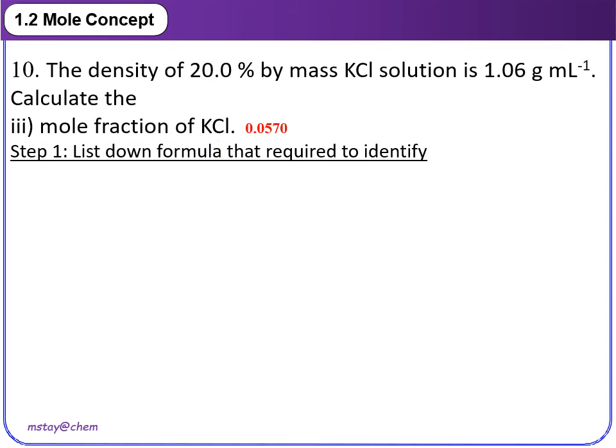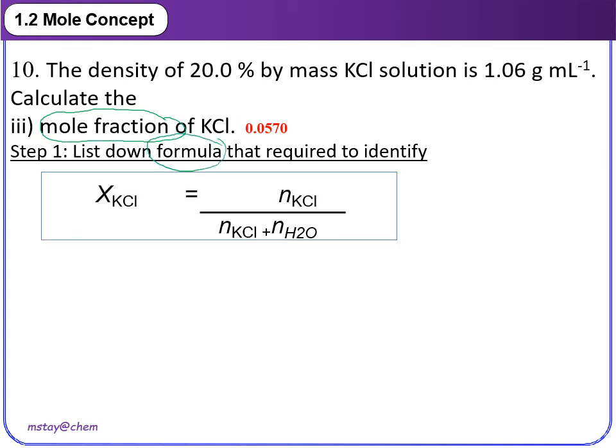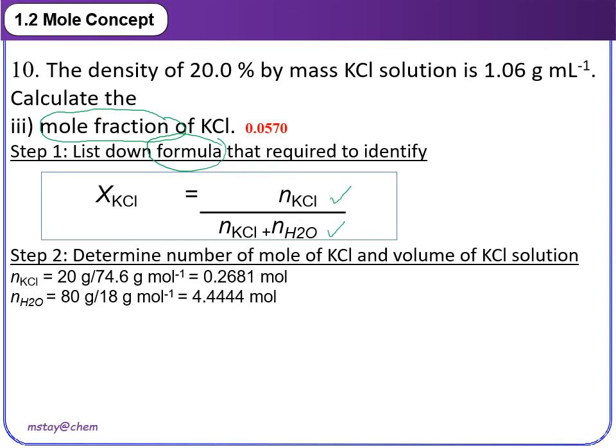Third part of the question, we are going to look for the mole fraction of KCl. So again, list down the formula. This time, mole fraction is mole of KCl over total mole of KCl and water. In part 1 and part 2, we already determined the mole of KCl.